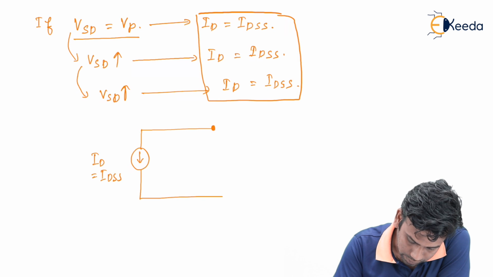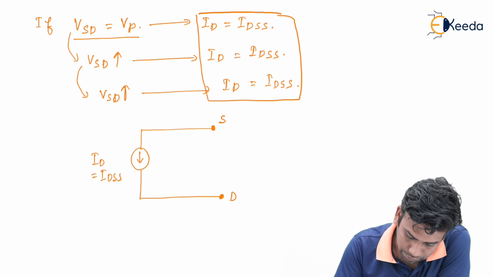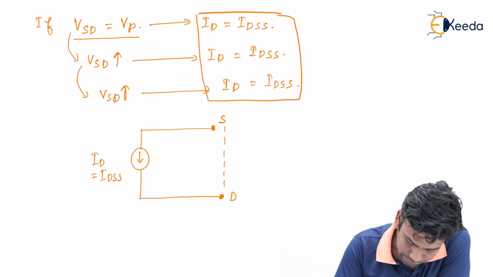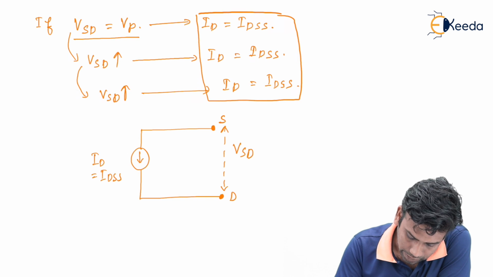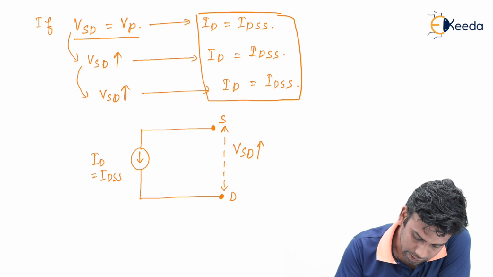And this is the source terminal, this is the drain terminal, and we have applied a potential of VSD here, and if we increase this VSD, this ID current will be fixed.